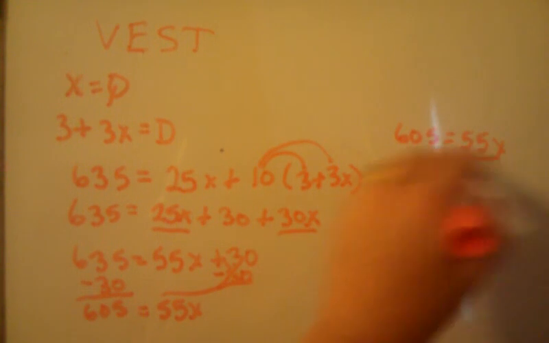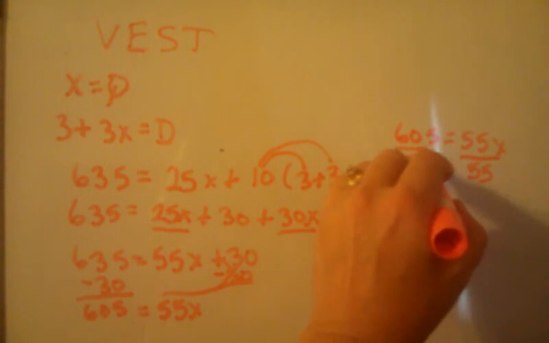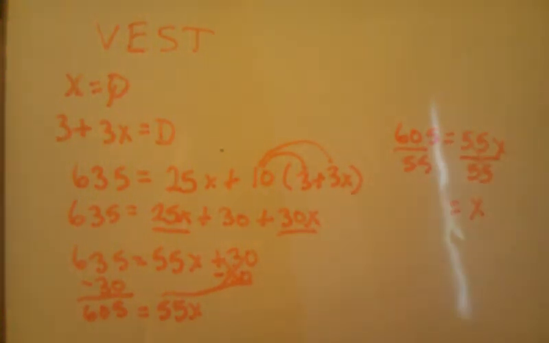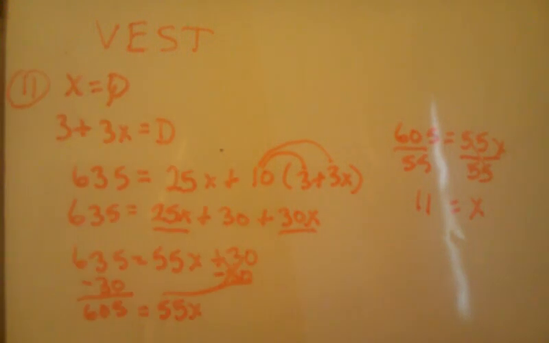So I need to divide both sides by 55. Okay, use your calculator. What would that be? 605 divided by 55, you should have come up with 11. So I have 11 quarters. And that's what my question is asking. How many quarters does he have?